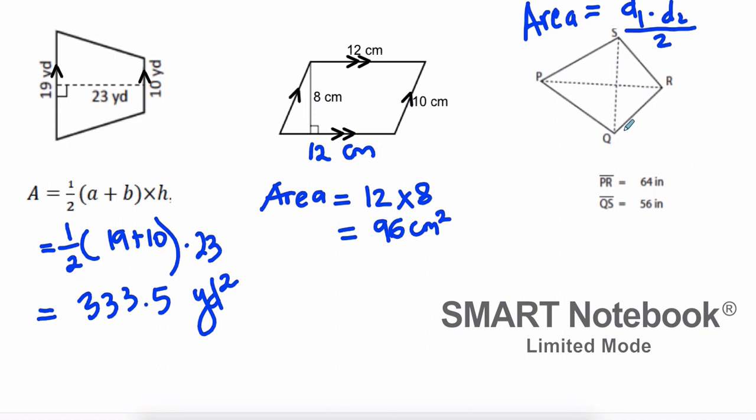The diagonals of a kite always make a 90 degree angle. So if you multiply the length of the first diagonal times the second diagonal and then divide that by 2, that will be the area of the kite. In this case, because we are given that PR is 64 inches and SQ or QS is 56 inches, the only thing you have to do is multiply 64 times 56 and then divide it by 2. So that's the area of a kite.